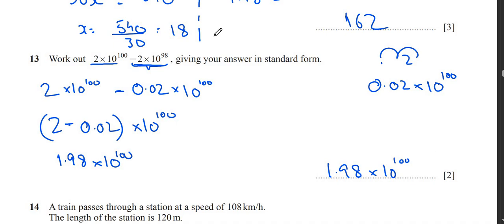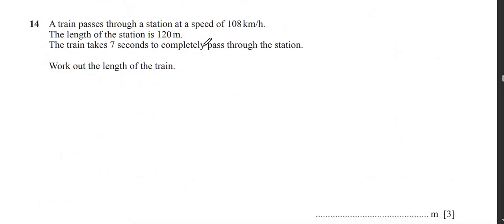Alright. Now moving on, we have question number 14, which says that a train passes through a station at a speed of 108 kilometers per hour. The length of the station is 120 and the train takes 7 seconds to completely pass through the station. Work out the length of the train.